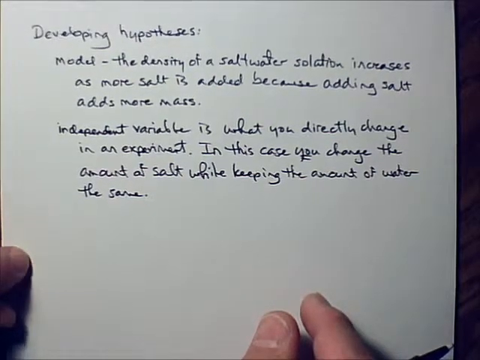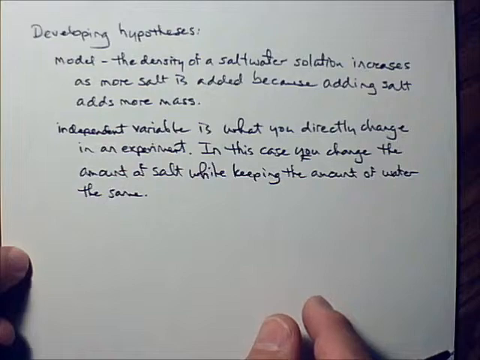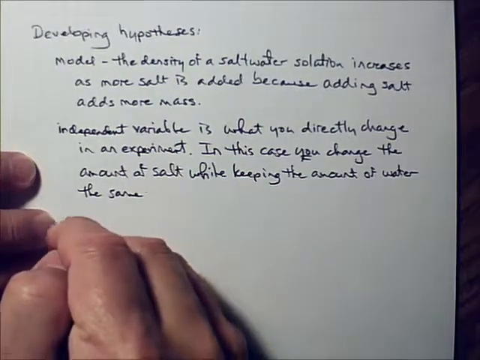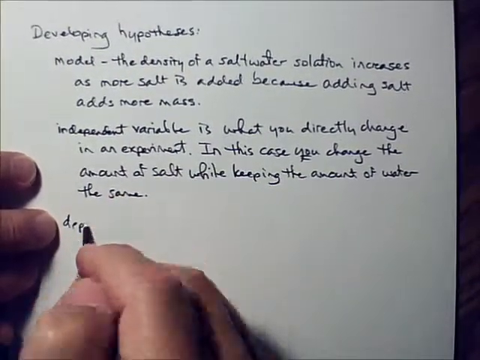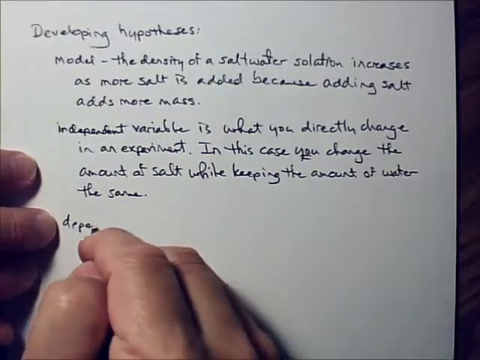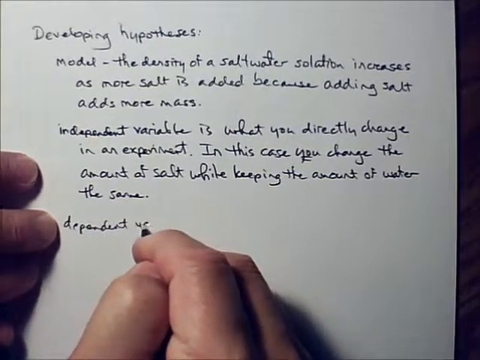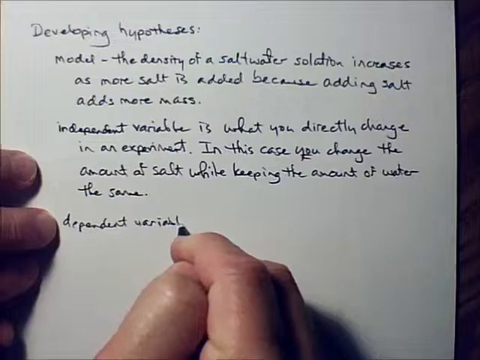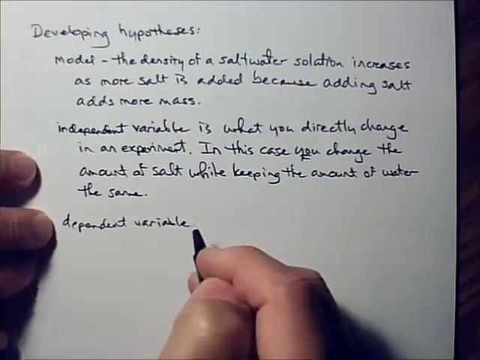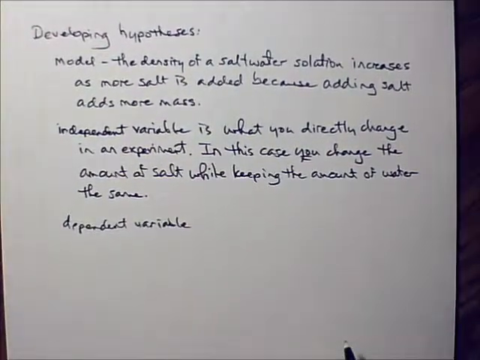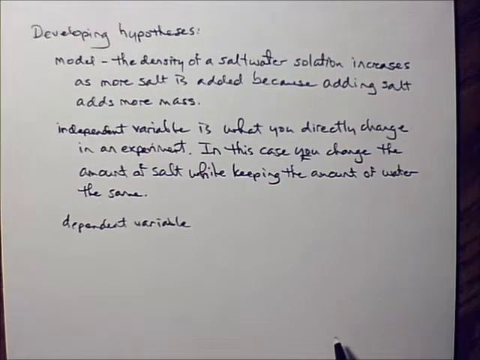And what we want to do is see if it's true. Now, what's the dependent variable then? If that's the independent variable, you can directly change the amount of salt. What is going to be caused to change because we change the amount of salt? The density. We're assuming we're going to change the density.